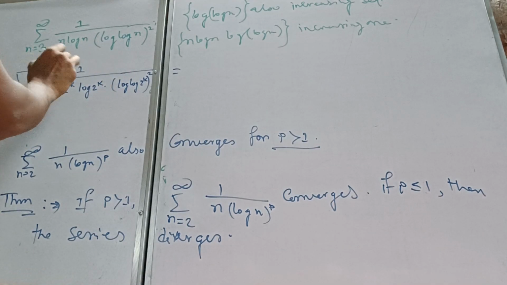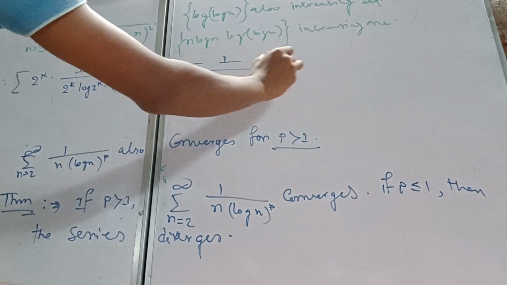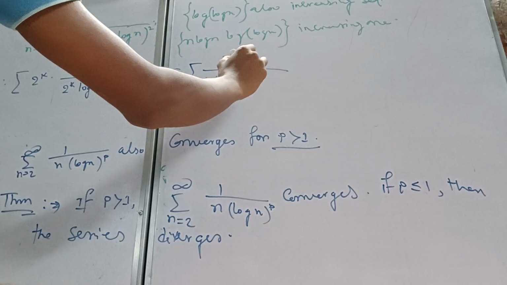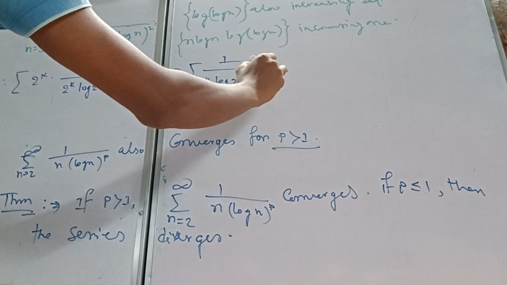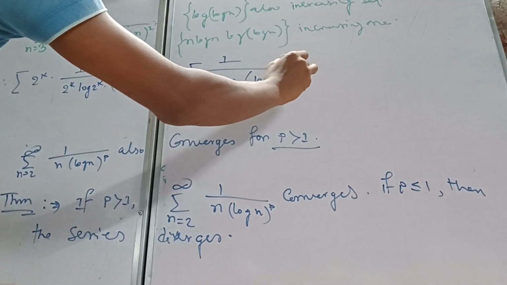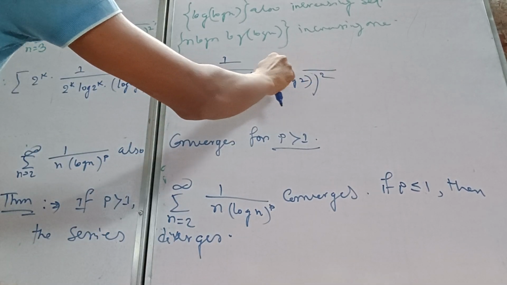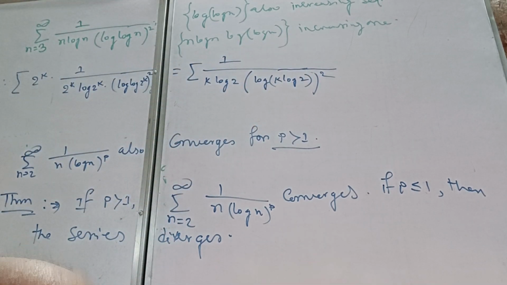The 2^k cancels, then this one is 1 by k log 2 (log of (k log 2)) squared.